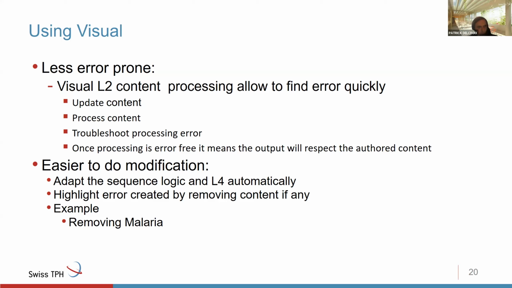This applies to the first initial creation, but also when you do modifications later on. Then you can edit it, and it's somewhat similar to an iteration. So you remove, for example, malaria if you don't need it in your context, and then you process it. If you remove malaria from the CCC DAK, for instance, it will fail because it expects some malaria information in some calculation.